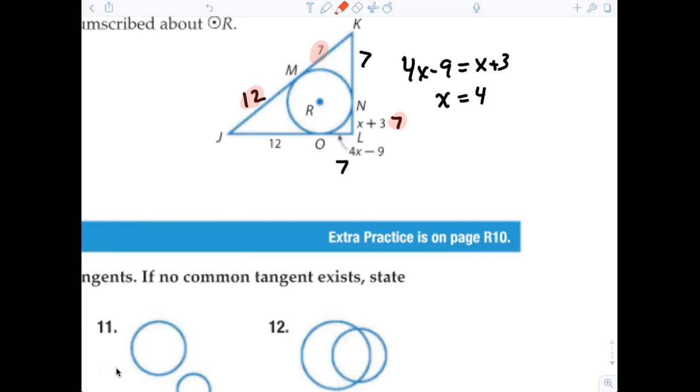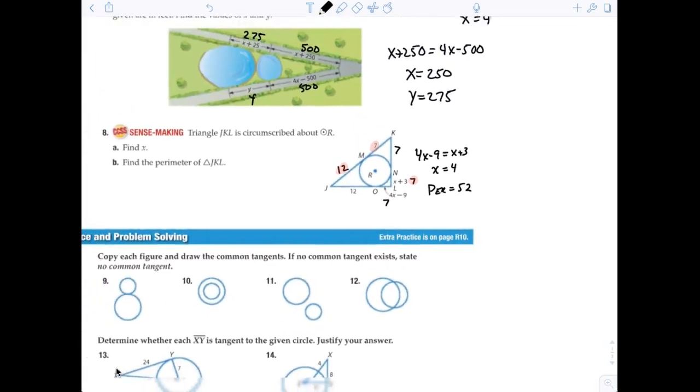And then multiply it by 2. So the perimeter is equal to 52. Again, the drawings I don't trust necessarily.